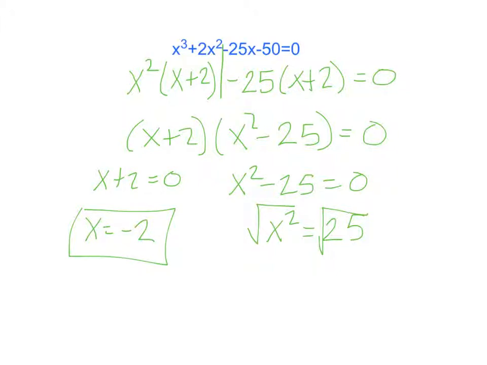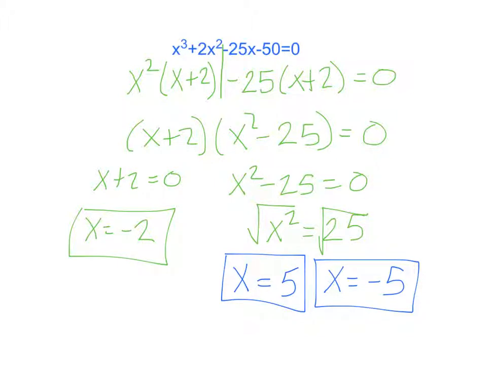Remember, when you square root, it becomes a plus or minus, so I get a positive 5 and a negative 5. So I get 2 answers here. Remember, if you have an x squared, you're going to get 2 answers. So now I have my 1, 2, 3 solutions for my x cubed, and that's what I wanted to begin with.